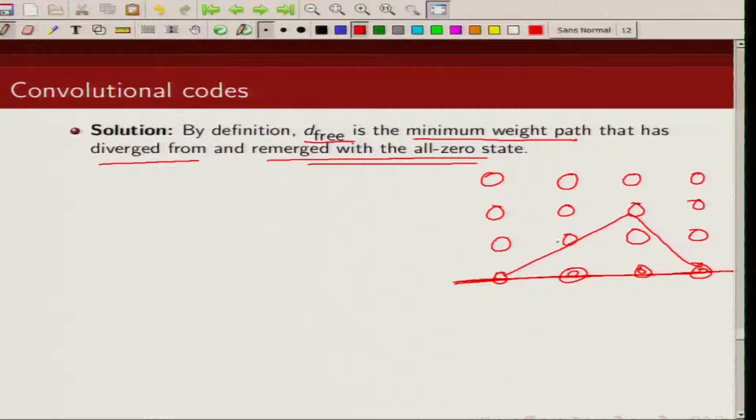And what are the paths through the trellis diagram? These are all our valid code words. So, we need to find a path through the trellis which has minimum weight, and that would be our free distance. So, the free distance is the minimum weight path that has diverged from the all 0 state and merged back.